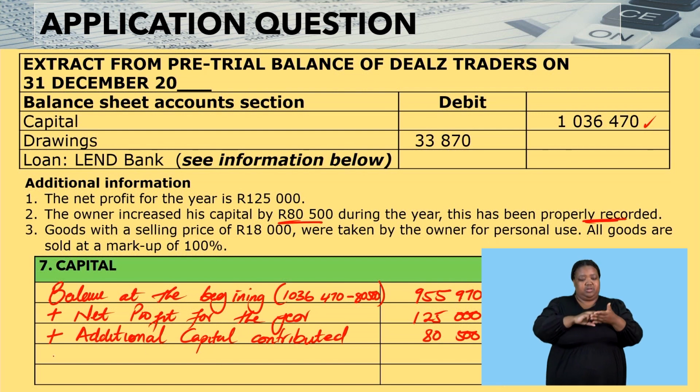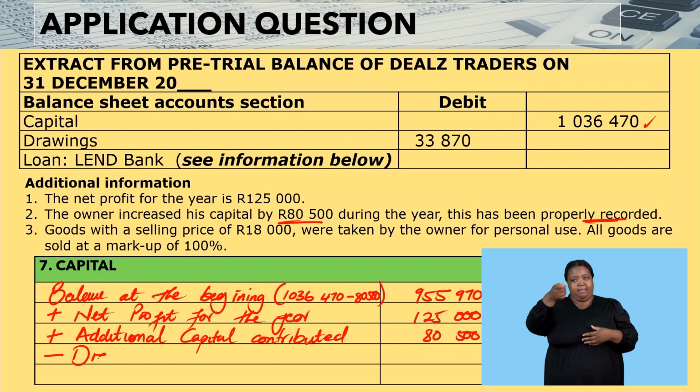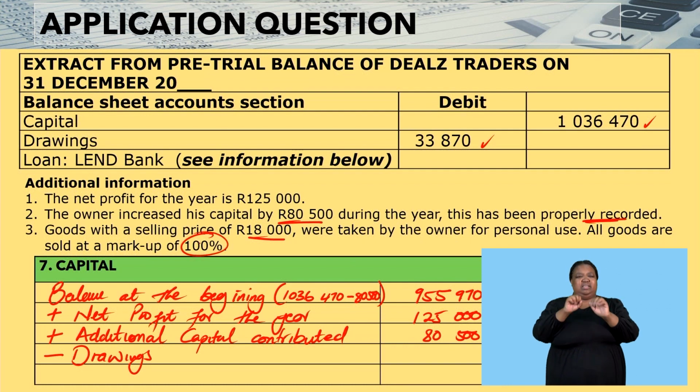And then we will subtract our drawings. All right? Drawings are 33,870. However, we are told goods with a selling price of 18,000 were taken by the owner for personal use. All goods are sold at a markup of 100%. That means I'm going to take my 33,870 and then add these drawings.